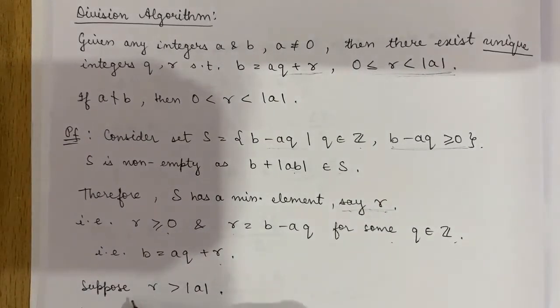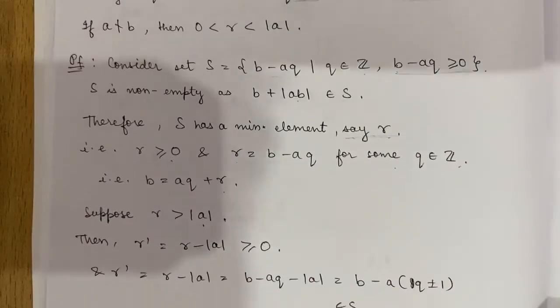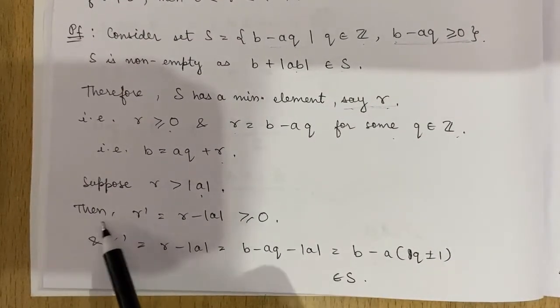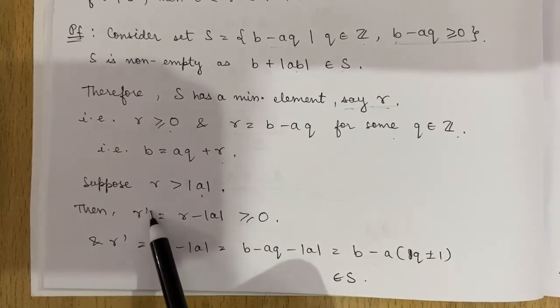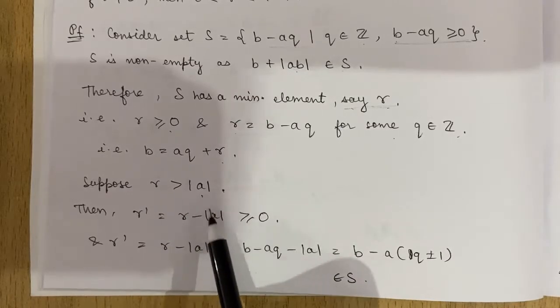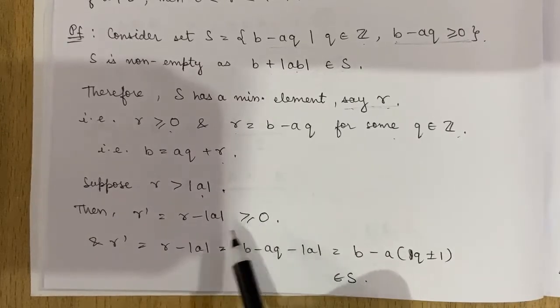So suppose on the contrary that R is greater than mod A. Then we can set R dash equal to R minus mod A. Then R is greater than mod A, so R dash, which is R minus mod A, is greater than or equal to 0.